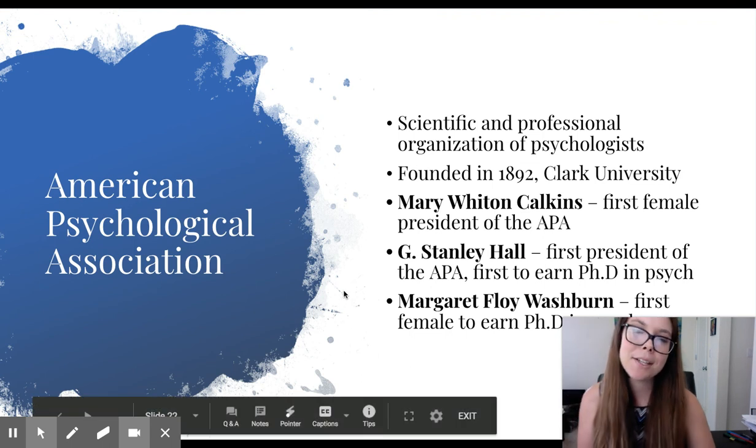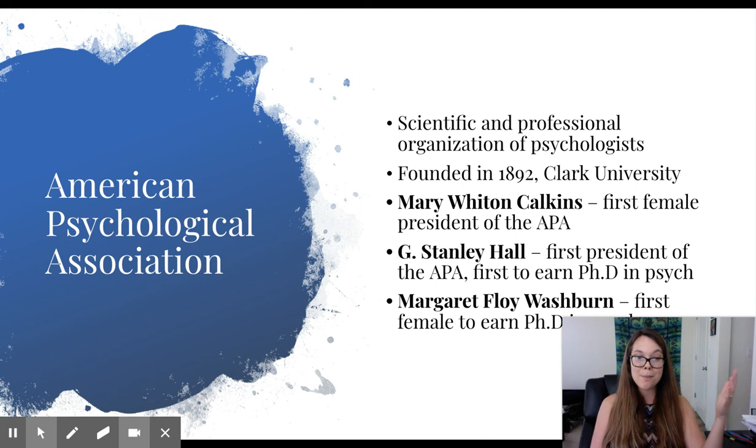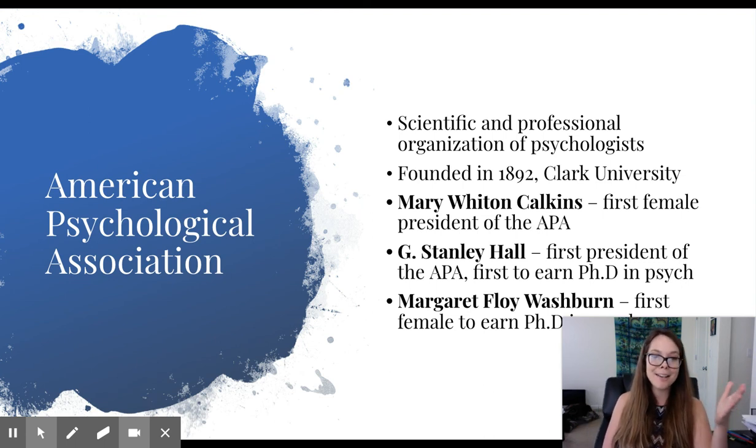And last but not least, this is our last slide. If you've ever heard of APA format, lucky for you guys, APA format is for people who want to major in psychology. It's just the way of writing papers. And for English, we have MLA format. But essentially, APA is how you write papers in psychology.